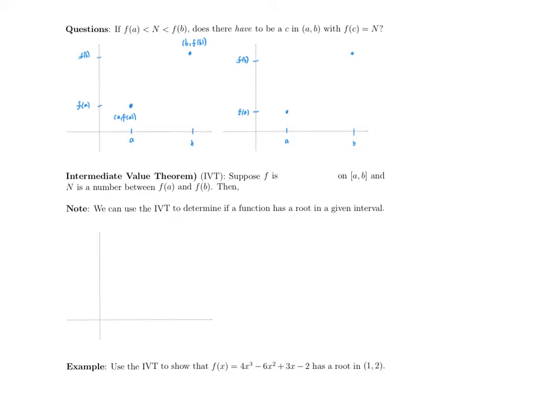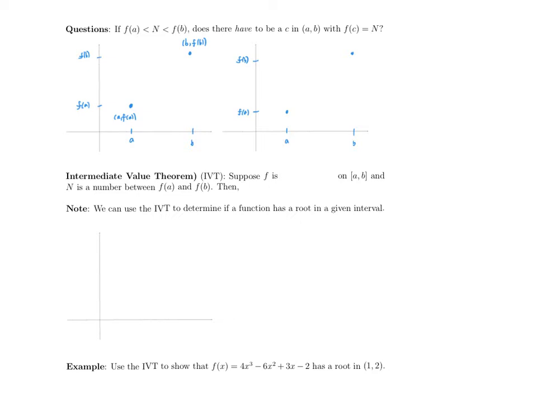So to begin, let me ask you to think about a question. If you have a function f, and you know specifically that the function output at a is smaller than some number n, which is smaller than the function output at b. And we're thinking, a to b is some interval where the function is defined.